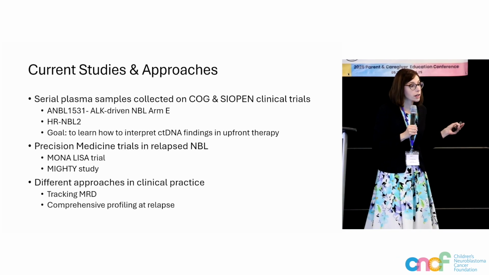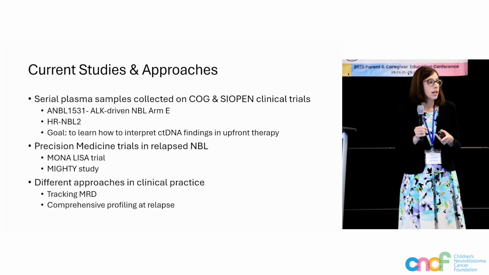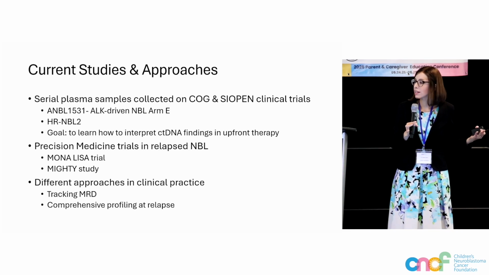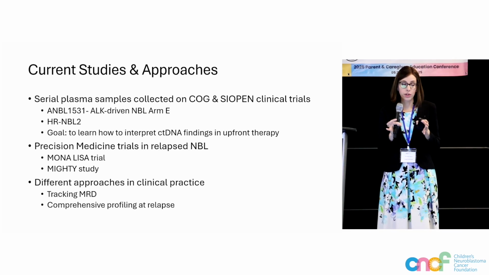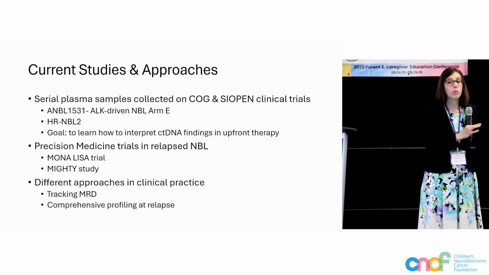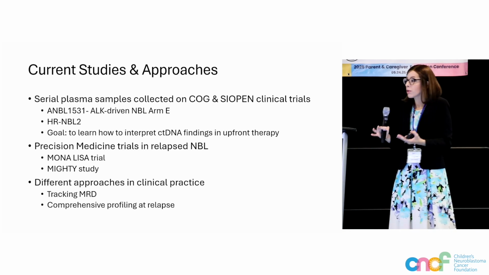In Europe, on HRNBL2, we are collecting serial samples. And the goal of these samples is to do retrospective analysis, meaning the data aren't being done in real time. These samples will be sequenced, and then we will look and see what mutations, what findings correlated with outcome.